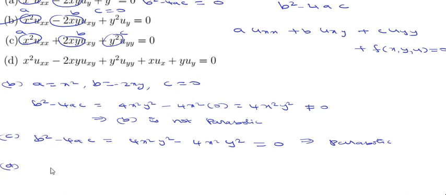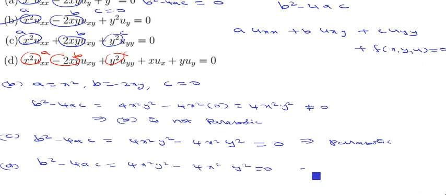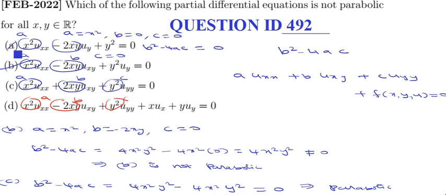And similarly we will check option D. Option D, so this is our A and this is B and this is C. Now b square minus 4ac equal to 4x square y square minus 4x square times y square. So this is equal to 0, which implies it's a parabolic equation. Therefore the only non-parabolic equation is option B. So this is the correct option and all other things are wrong.